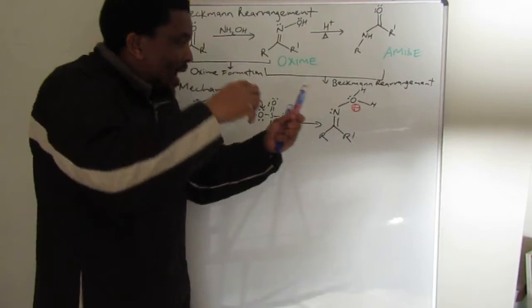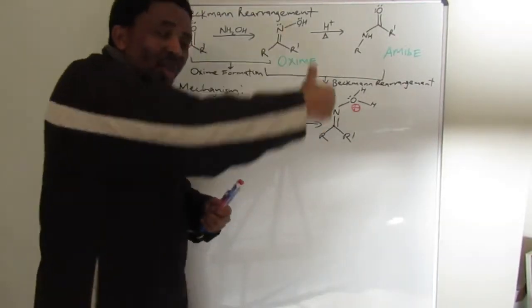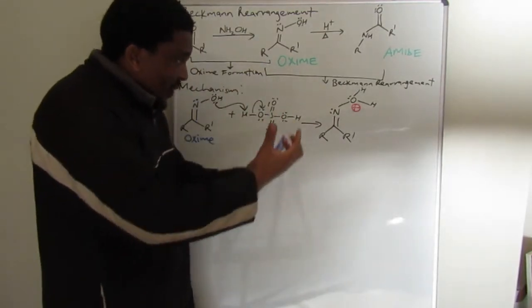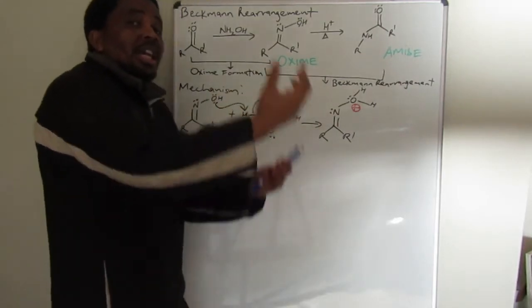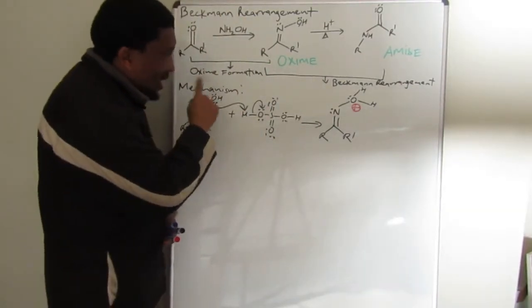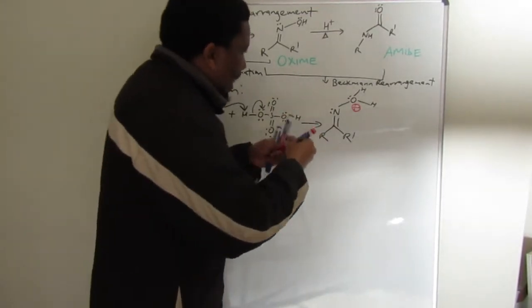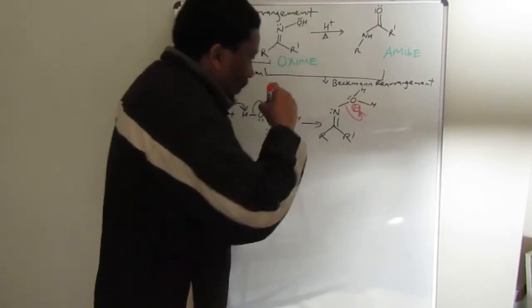With water, that can leave as a good leaving group, because the OH was initially a bad leaving group. Now this will leave as a good leaving group.